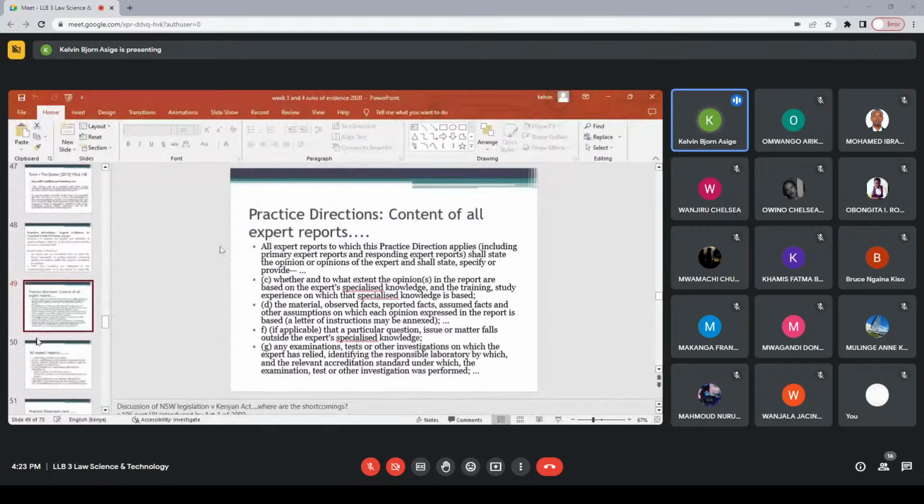So the expert has to clarify what is a material fact, what is an observed fact, what is a reported fact, what is an assumed fact. So the judge is very clear on what weight to put on what facts the expert is giving evidence about. Also, the expert report must state that a particular question or issue or matter falls outside of the expert's specialized knowledge.